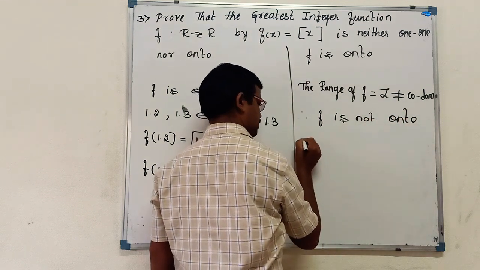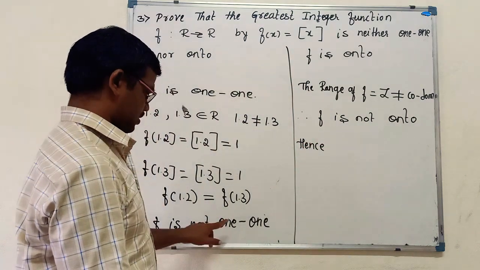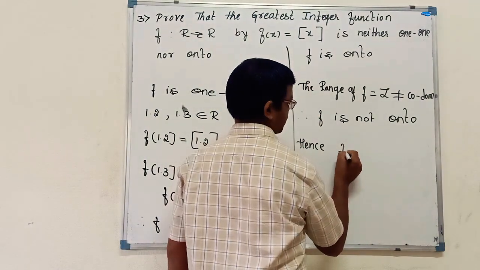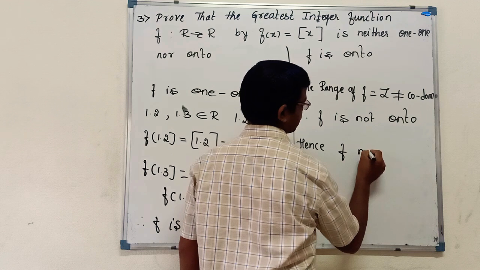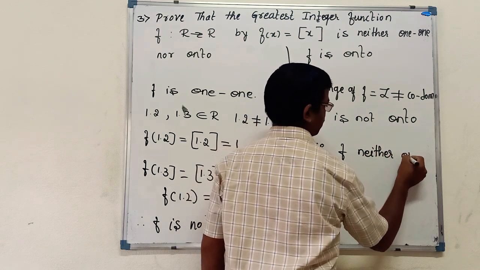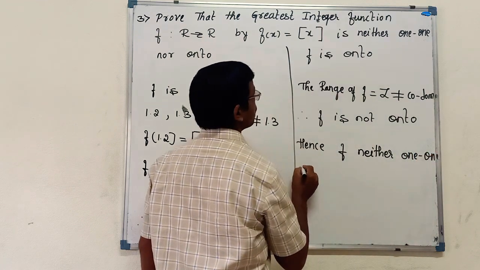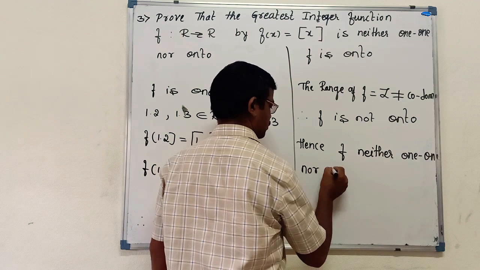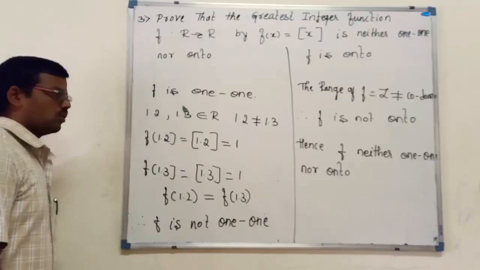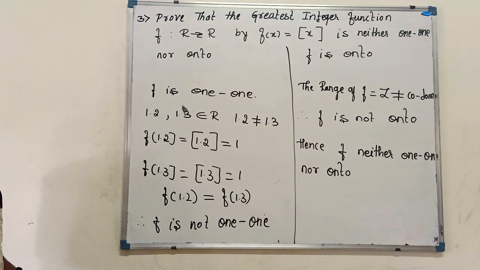Hence we confirm f is not 1-1 and not onto. Hence f is neither 1-1 nor onto.